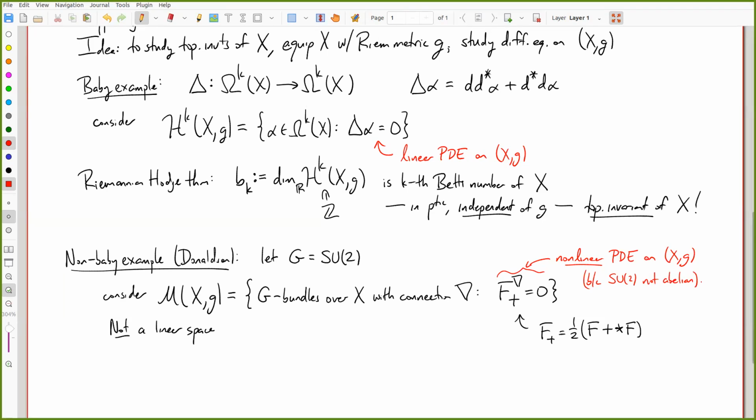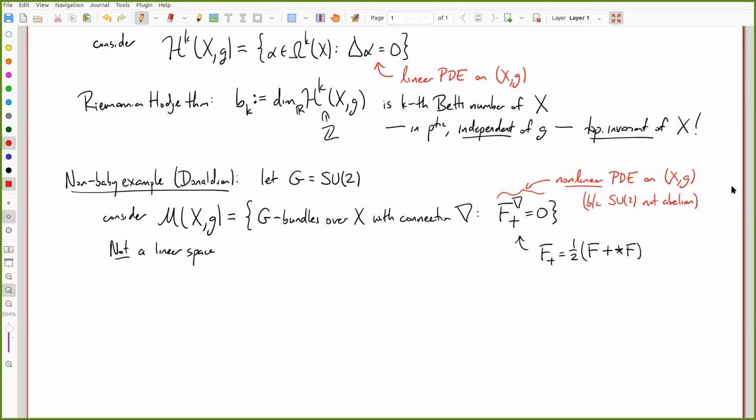So because we use a non-abelian group, the equation is nonlinear. It's some complicated equation. So the space of solutions is not a linear space. It has components of various dimensions.